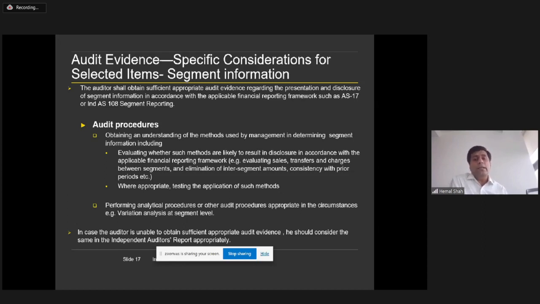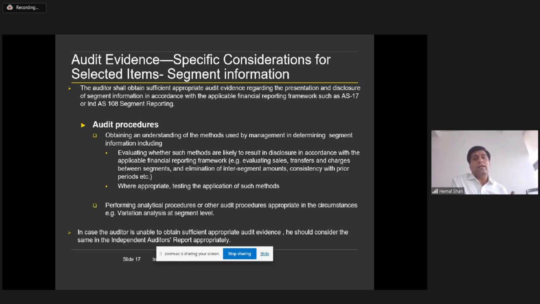Generally, what I have seen in segment information is what is very critical is how the segments are defined, first of all. At times we would have seen the risk and reward would be different, but those segments may not be disclosed correctly in the financial statement because the intention of the management would be to show, as far as possible, very less information to the investor and to the outside world.